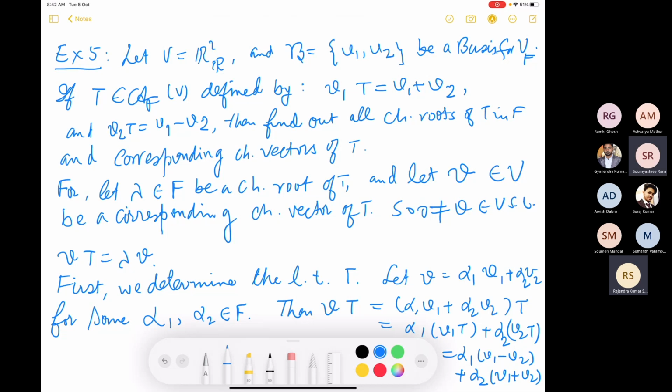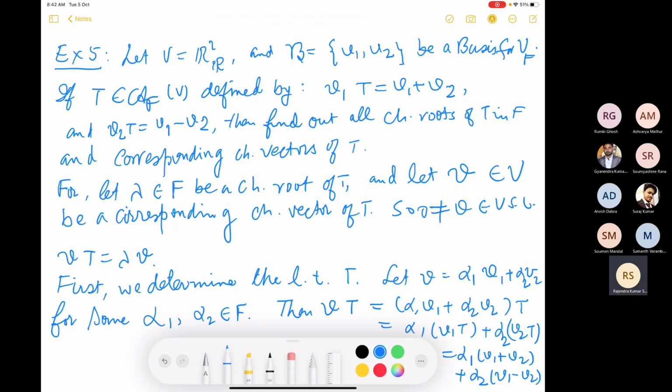So v1T is actually v1 plus v2 and v2T is v1 minus v2. I wrote it the wrong way around. v1T is this, and this is minus.